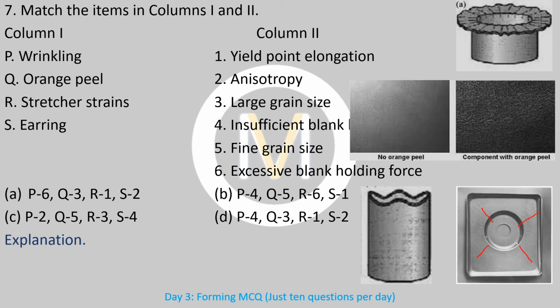So here we will see this one, yield point elongation. This will give you the stretcher mark. And next is earing. Earing is the non-uniformity at the surfaces. This is because of the anisotropy of the material. Some of the material is thick at some point and some are not so thick. So the correct answer will be 4.